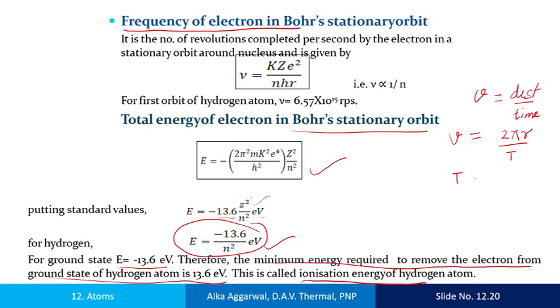So T is equal to 2 pi r upon V. Just put the values of r and V, and we get the expression for the time period. The reciprocal of the time period is frequency. So the relation we get for the frequency is kZe square into NHR.